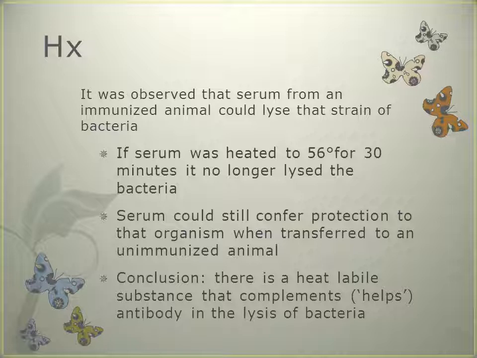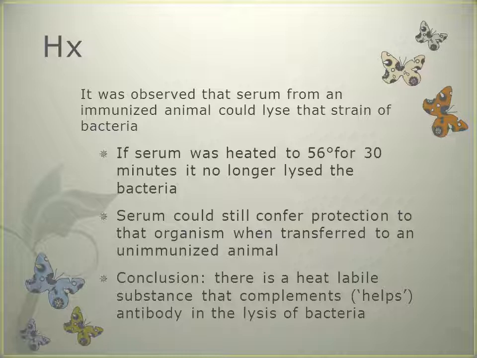They also discovered that if we heated that same serum to 56 degrees for 30 minutes, the lysis no longer occurred. So they decided that whatever this substance was, it was heat labile, meaning heat destroyed it and took away its activity.